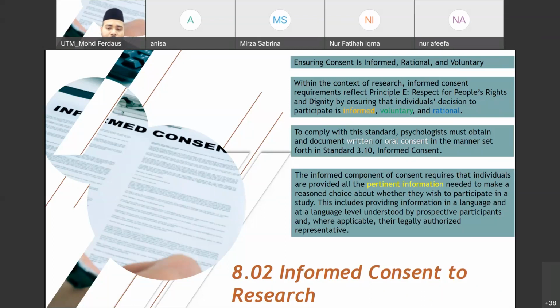The informed component of consent requires that individuals are provided all of the pertinent information needed to make a reasoned choice about whether they wish to participate in a study. This includes providing information in a language and at a language level understood by prospective participants, and where applicable, their legally authorized representatives.